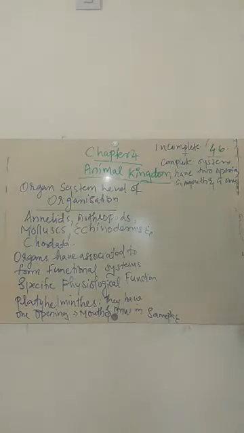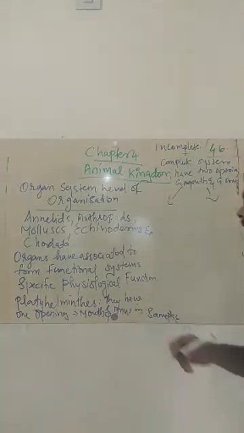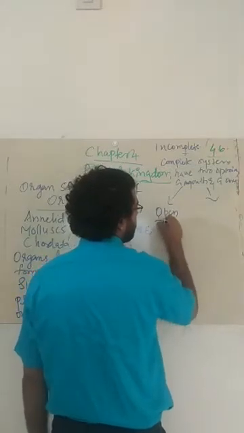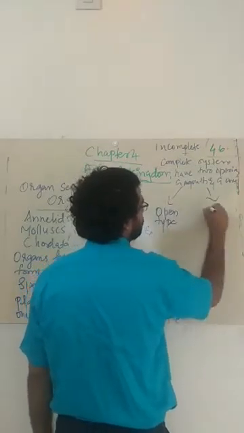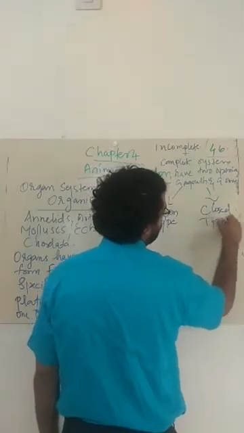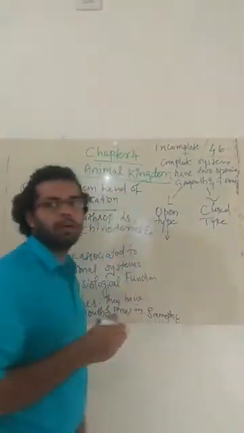And a complete digestive system is of two types, open type and closed type. Open type means what are the peculiarities?